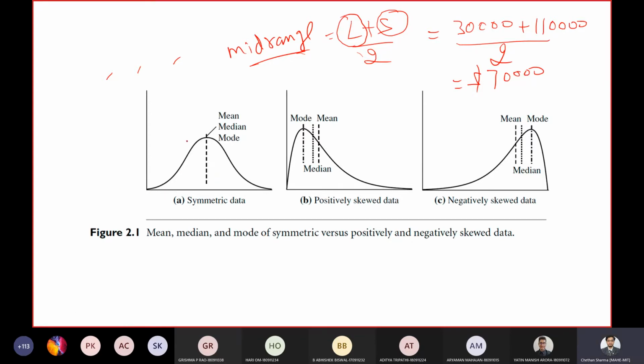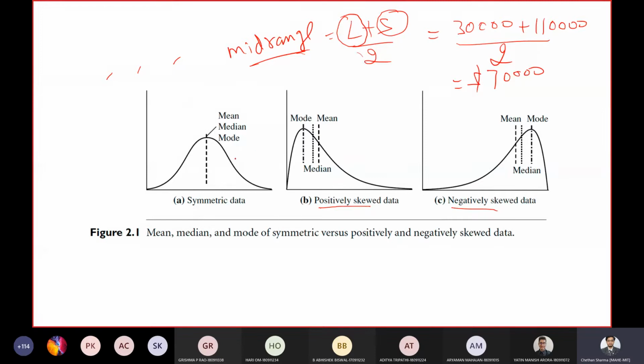All three of these are graphs drawn for a specific data set. Most of the data sets used in real-world applications are not symmetric in nature. Most of them are either positively skewed or negatively skewed.